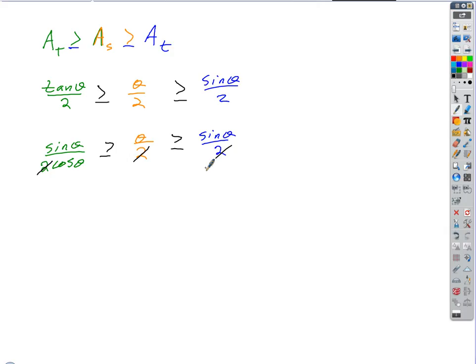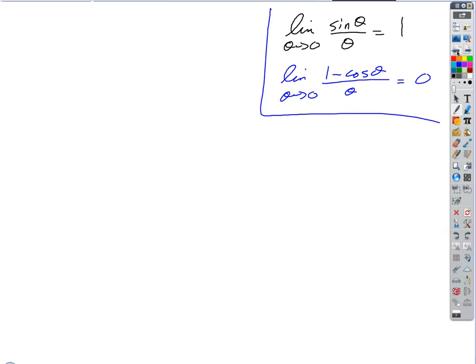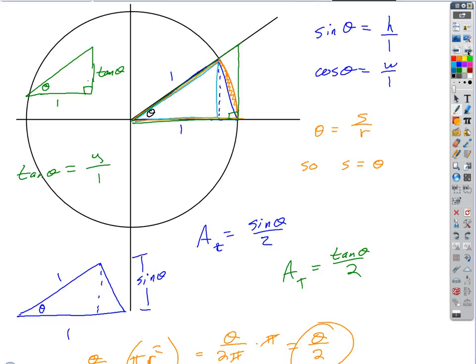If we limit sine theta, that might seem a little strange, but let's just say arbitrarily, to make things a little easier, let's limit theta to be between 0 and pi halves. Agreed? If I limit theta to be between 0 and pi halves, sine theta is always positive, isn't it?